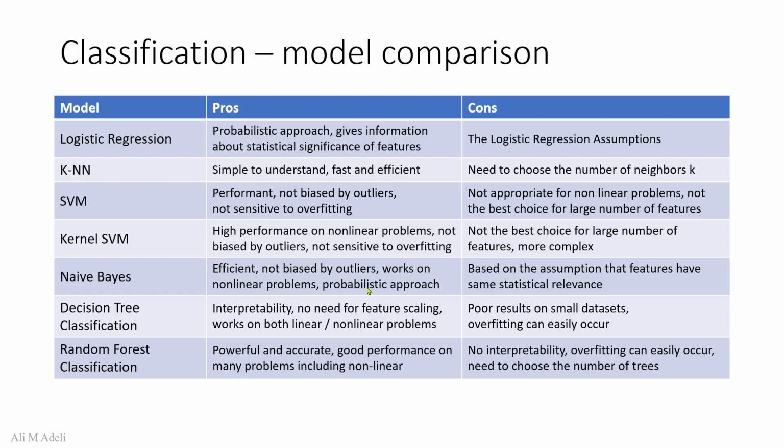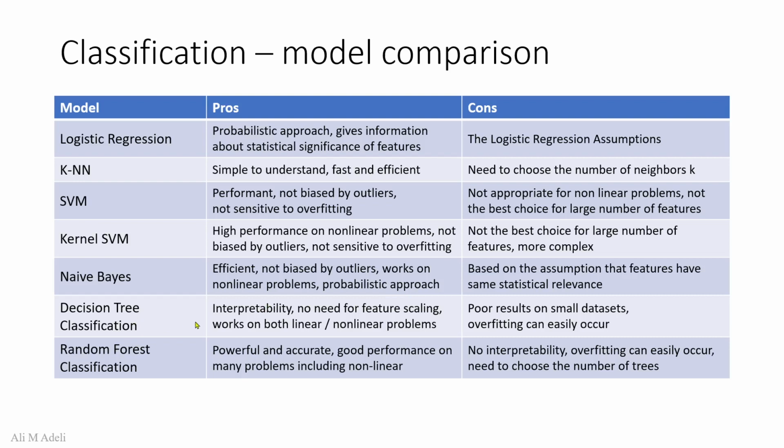It's a kind of probabilistic approach. It has, though, an assumption: it assumes that the features have the same statistical relevance. So basically for the x1 and x2 we're looking at, the salary and age, if we had, say, 10 predictors, there is an assumption that these features have the same statistical relevance.